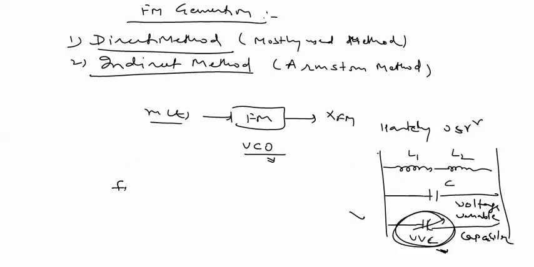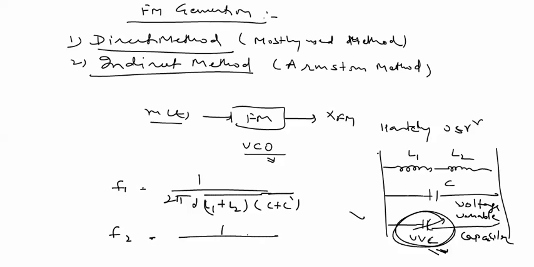For frequency variation, we use some formulas, with L1 and L2, and some capacitance C dash coming from the varactor diode. In the second case, a linear range of the capacitance variation is required; 2 pi is not part of the root. This linear variation is required.